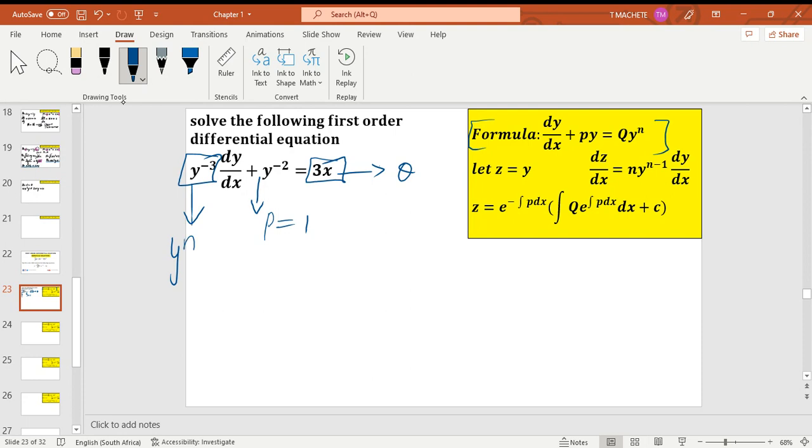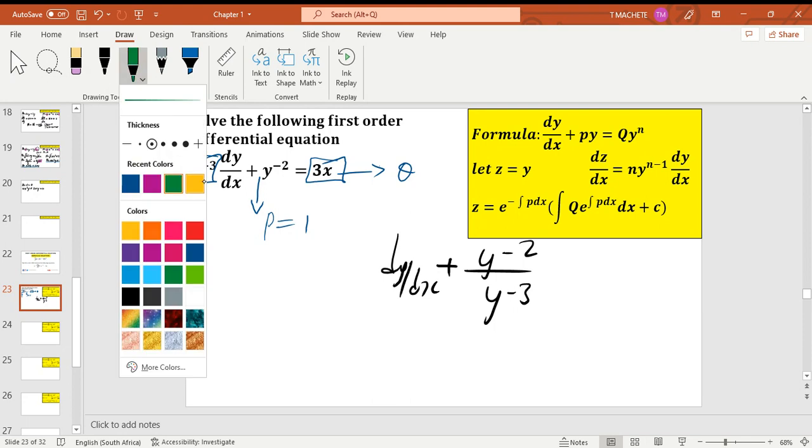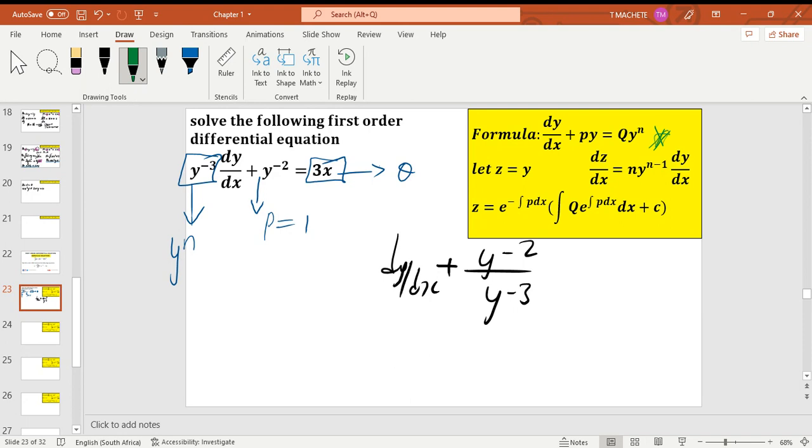The reason why this is y to the power n is because originally, before they derived this equation, it was like this: plus y to the power minus 2 over y minus 3. So basically what I'm trying to do is make it similar to this formula. I'm going to highlight it in green. I'm trying to make it similar to the first formula. That's how they derived it.